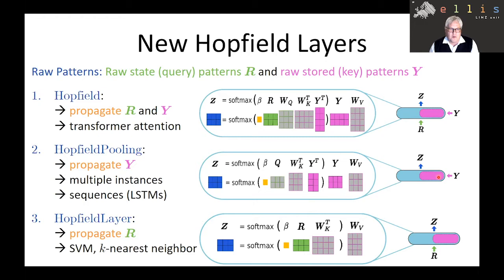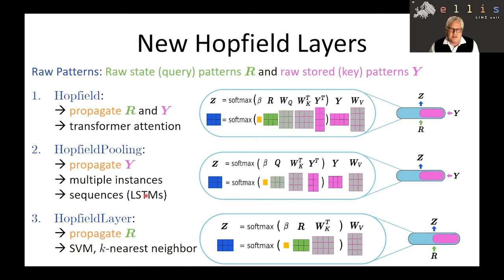You can also learn the queries. The queries are fixed patterns, and you always store the training set here, or a mapped training set. And this allows for something like multiple instance learning, because the training set is stored in the associative memory. Or you can store sequences in these memories, and you can do stuff like LSTMs are doing.